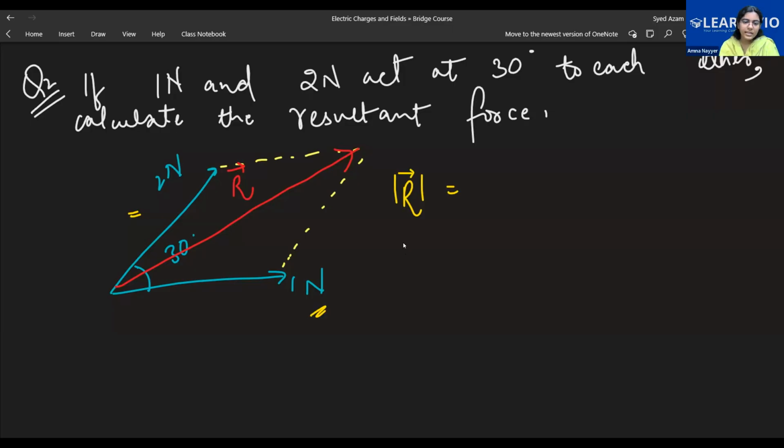Turn the pages, look. Both of you must have written the formula. That was the first thing we did in this bridge course part. Did you find it? Tell me the formula. For the calculation of magnitude, what is the formula that we use?